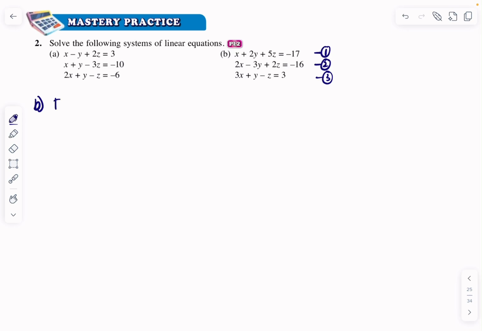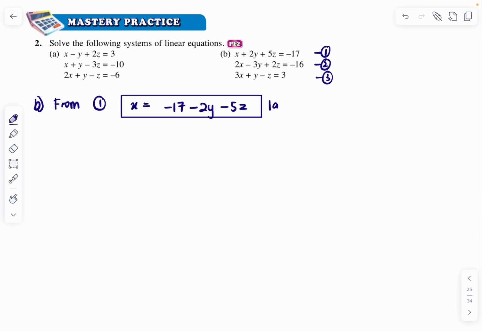So we can say from equation 1, x equals to negative 17 minus 2y minus 5z. So we can call this equation 1a. Right. So then we can substitute the equation 1a into equation 2 and 3.